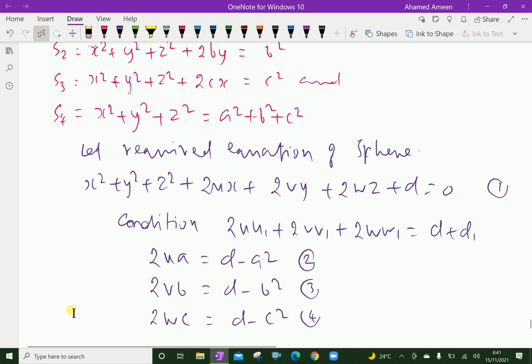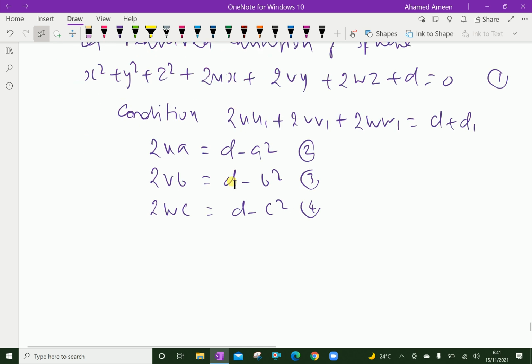And the last sphere is S4: x square plus y square plus z square equal to a square plus b square plus c square. Here the centre is 0 and therefore d equal to a square plus b square plus c square.